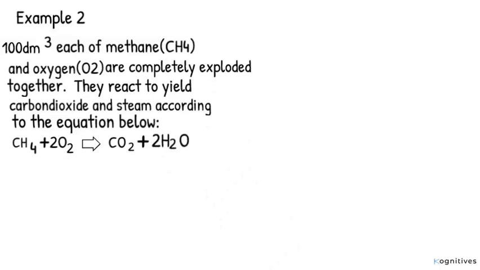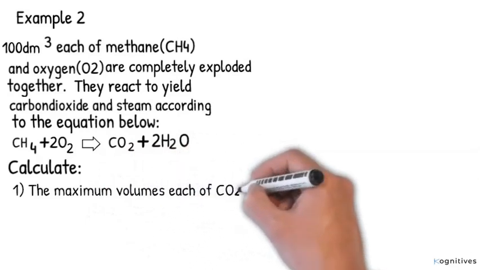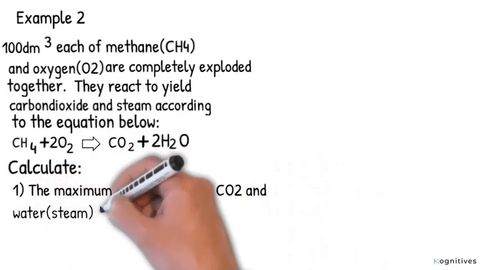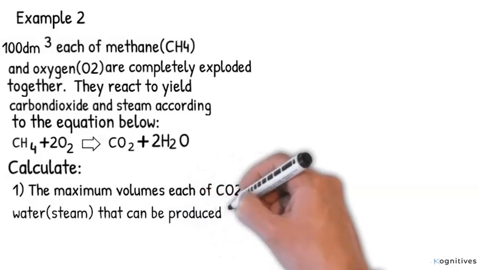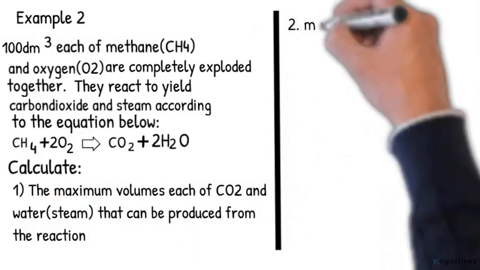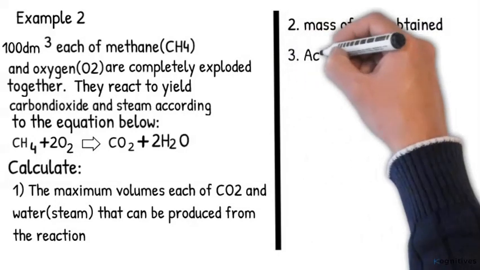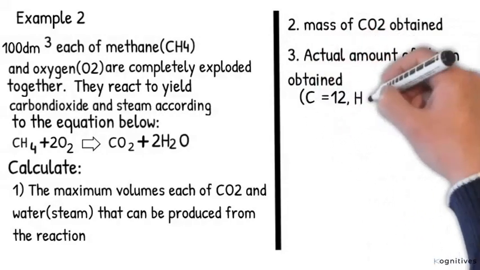Balancing the chemical reaction, 1 mole of methane will react with 2 moles of oxygen to give carbon dioxide and 2 moles of water or steam. Calculate 1. The maximum volumes of each of carbon dioxide and water or steam that can be produced from the reaction. 2. The mass of CO2 obtained.